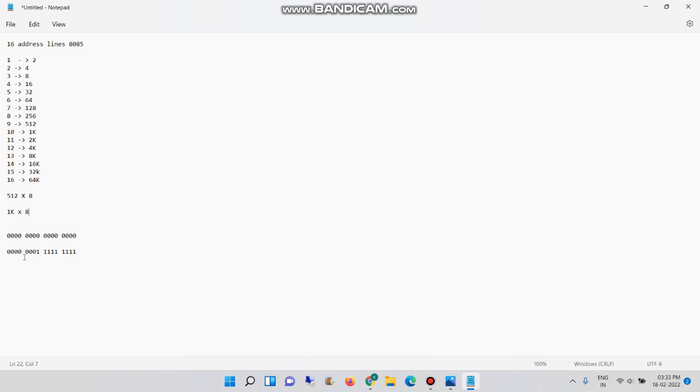That is 10. So 4 plus 4 is 8, and then 9, and we make the 10th one also 1. Understood? So we have the starting and ending addresses for 512. Now we have to draw the diagram of 512.